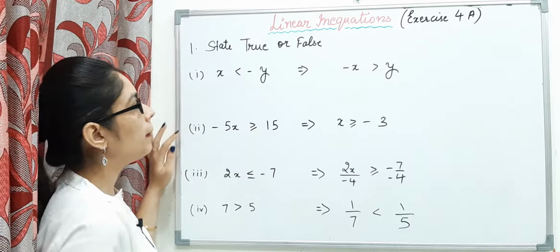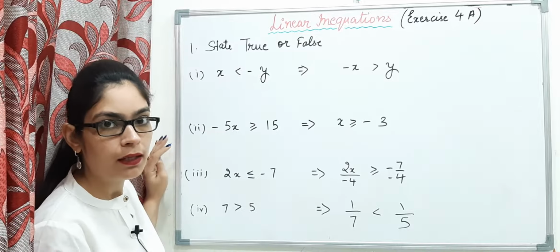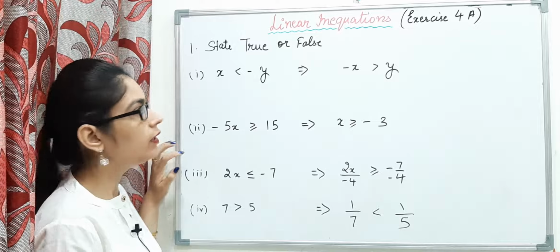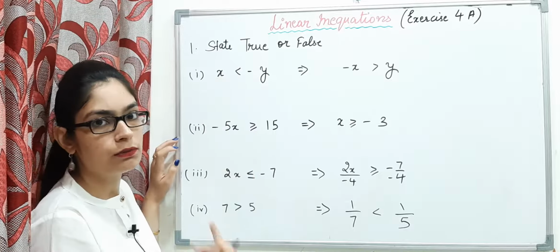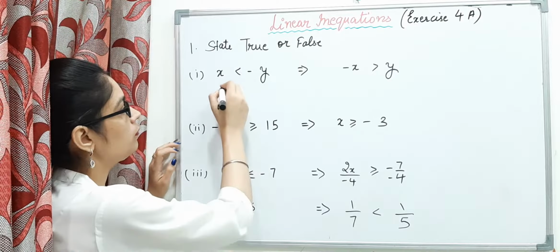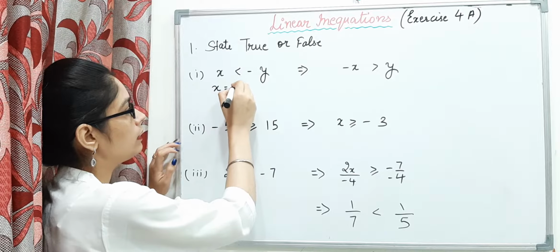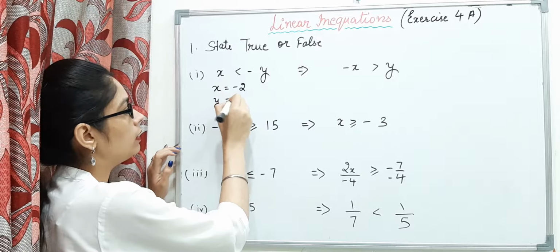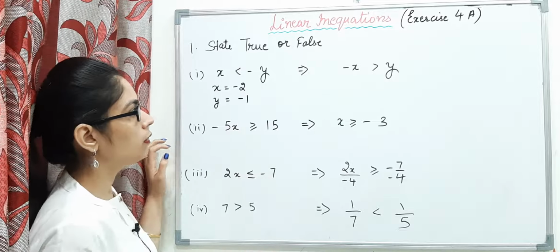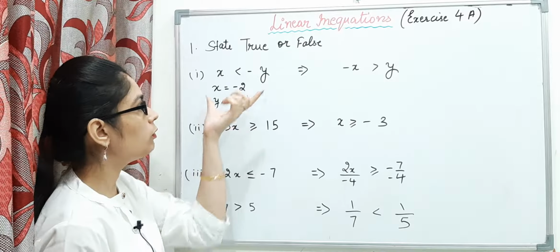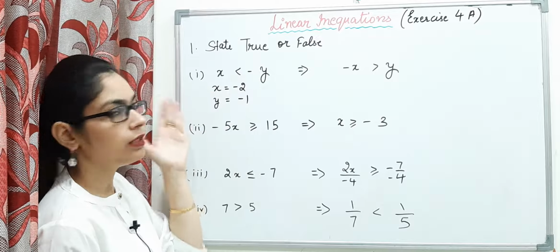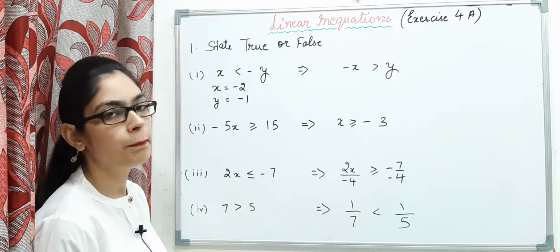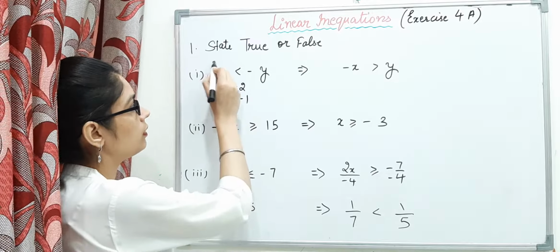Then x is less than minus y. We have to assume any number such that x will be less than minus y. So any number I can assume, x equals minus 2 and y I'll assume equals minus 1, because I just have to assume in such a way that x should be less than minus y, because this is the given condition.